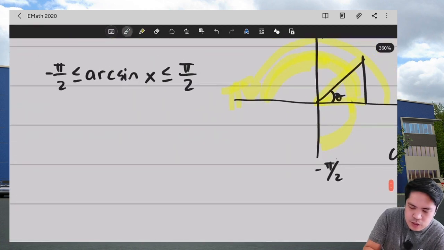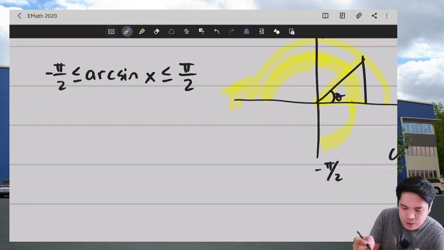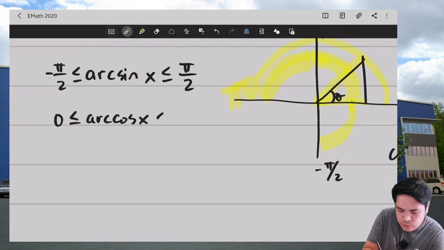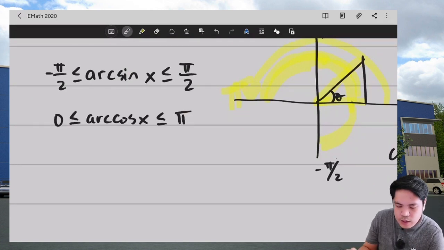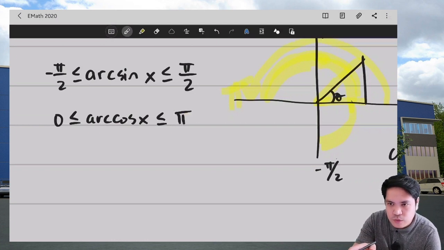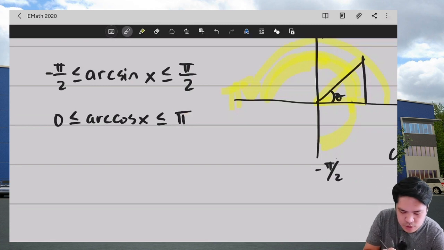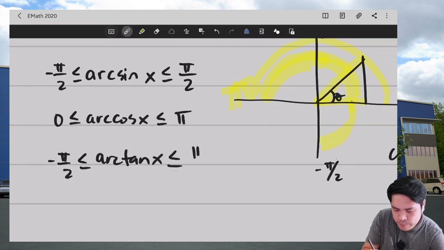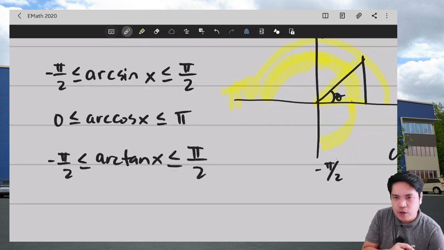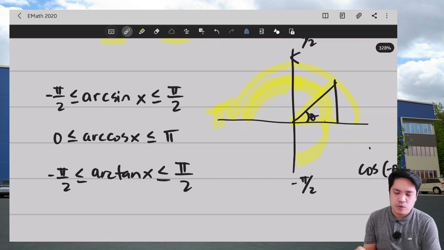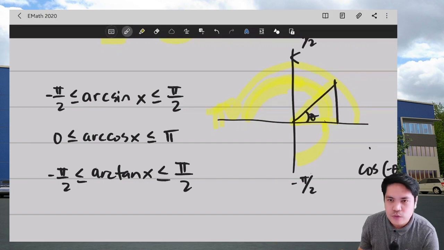So, the range for cosine, or arc cosine, that would be 0 up to pi. And for tangent, opposite over adjacent. So, ang property niya is similar lang dun sa sine. So, for arc tangent, that would be negative pi over 2 to pi over 2. So, this will be our restrictions for the inverse trigonometric functions.